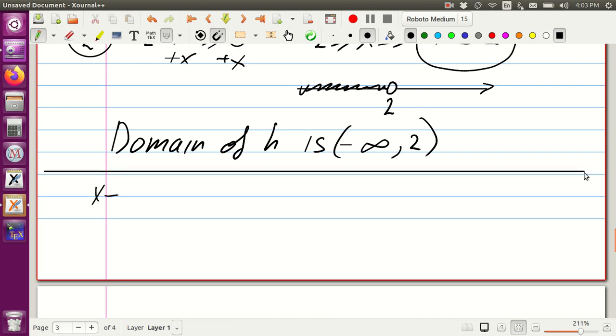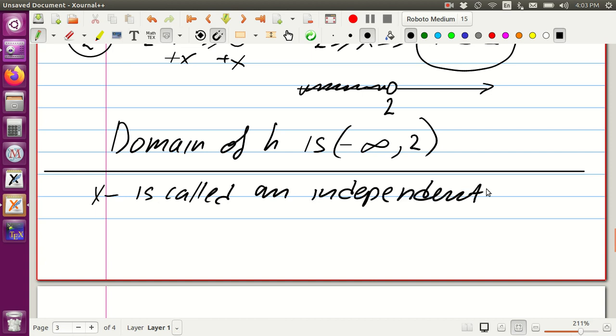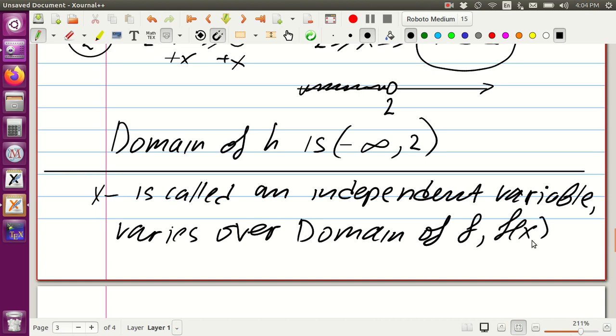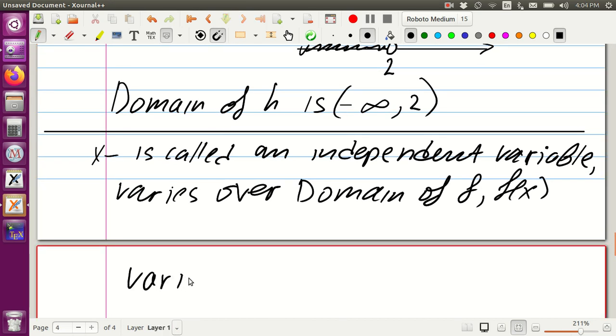So x is usually called an independent variable, and it varies over the domain of f. f of x varies as x varies.